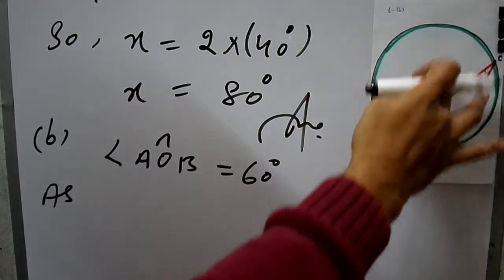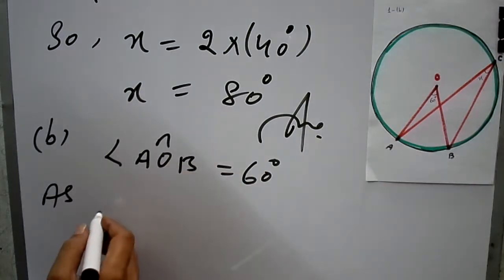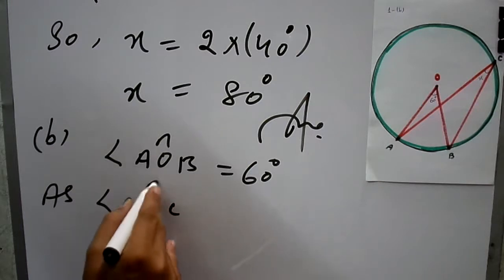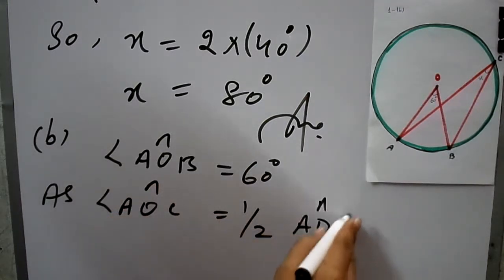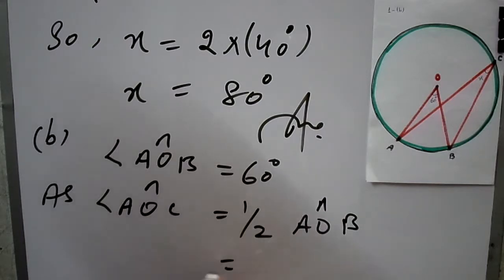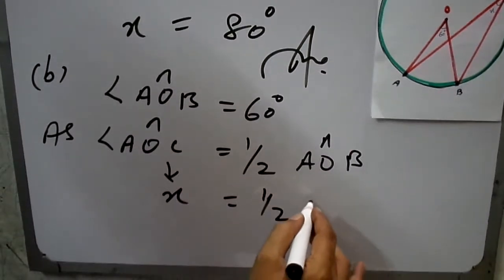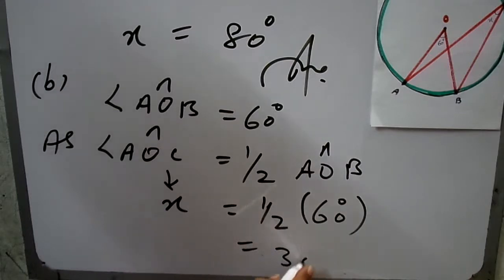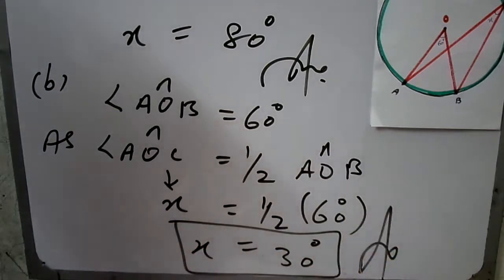If I make a half of this, this angle will be equal to this. Due to the properties of a circle, we can say that angle AOC is equal to half of the angle AOB. That's why, putting the values, x is equal to half. 60 degrees is given to us, so you will get 30 degrees. So the value of x is 30. That is your result.